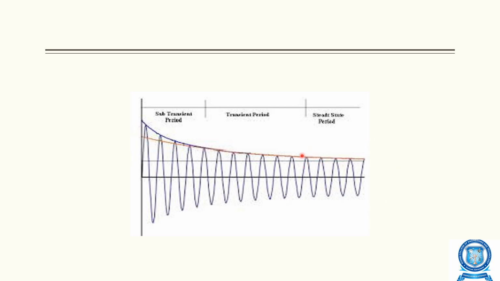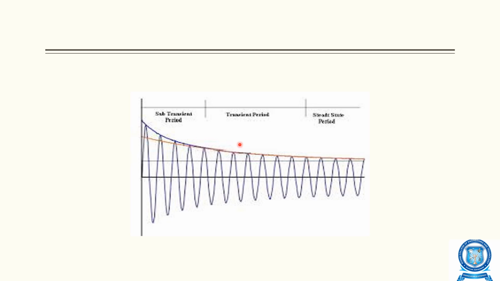The sub-transient period exists only for the first few cycles of fault occurrence. After the sub-transient period, the transient period exists for a long time, for approximately the next 30 cycles.